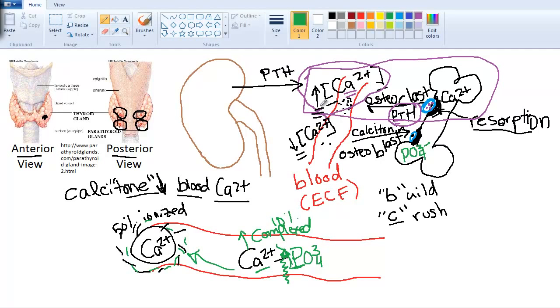So what's the goal here? We want to increase this ionized calcium in the blood, so we don't want that phosphate in there. Are we going to want to reabsorb more? No, we're going to want to excrete more of that phosphate in the urine and eliminate it from the body. Thereby PTH is increasing the blood calcium, but it is decreasing the concentration of phosphate.